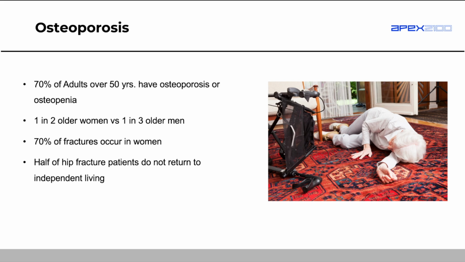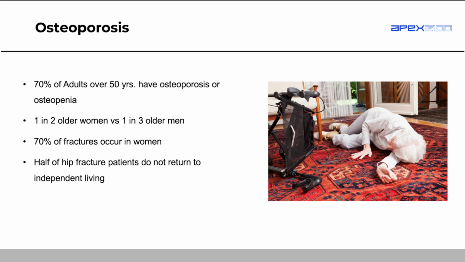So falls, when we get older, are really bad. They can cause a lot of issues. If you fall when you're older and you've got low bone mineral content, it's going to potentially cause a fracture. And this is a crazy statistic written here. It's that half of hip fracture patients do not return to independent living.